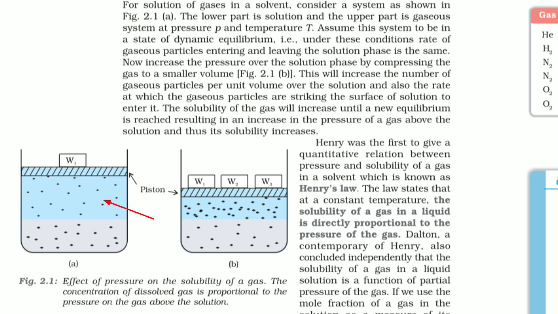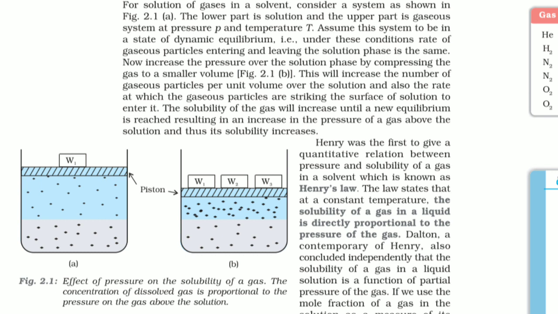Now we are going to understand what happens with pressure. If we apply pressure, what does that mean? That means we apply some force on that piston, such that the piston goes inside.